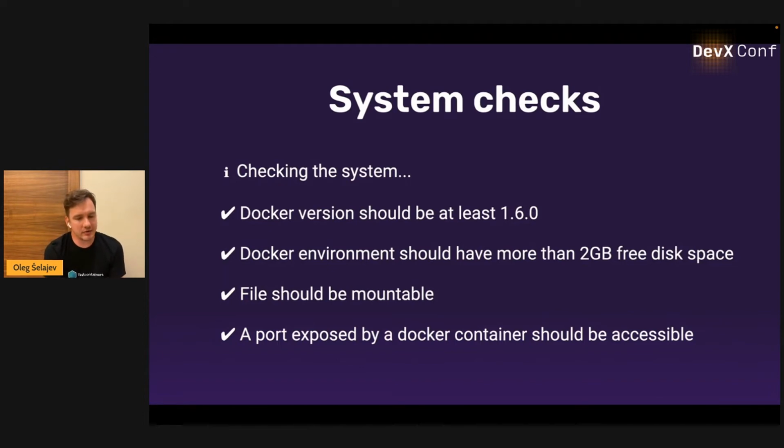It knows that for its work, Docker needs to be of a certain version, and the Docker environment should have some disk space, and that it needs to be able to pull the images from the Docker registry, and run those images and send network requests to those, and the containers should be accessible. It runs those checks before it starts doing anything with the containers that the actual end user requested, as just sanity checks.